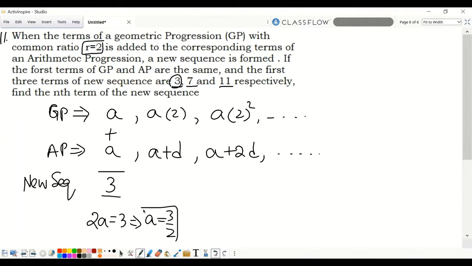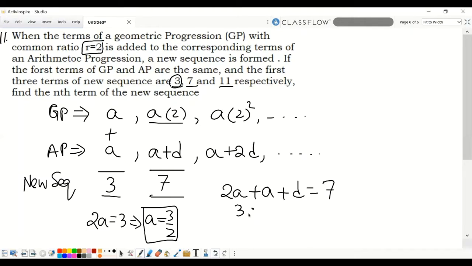Now, the second term of the new sequence they're saying is 7. That gives us a new equation, which is 2a plus a plus d equal to 7. So 3a plus d equal to 7.